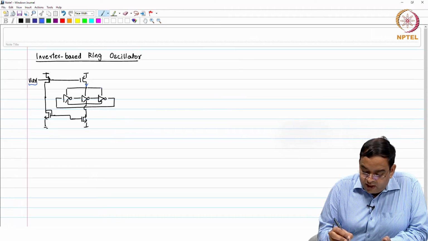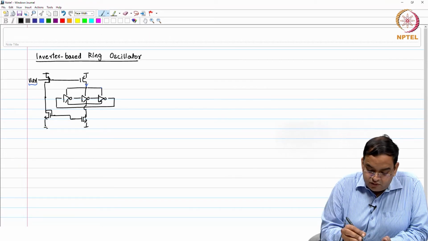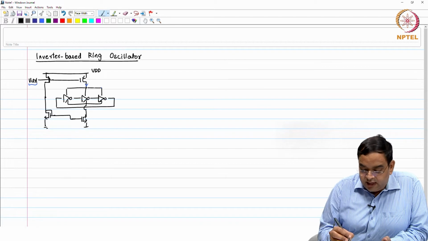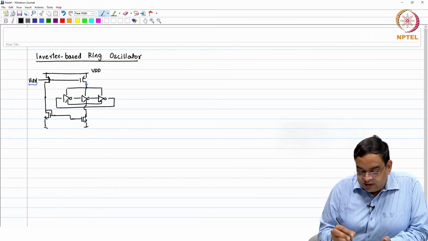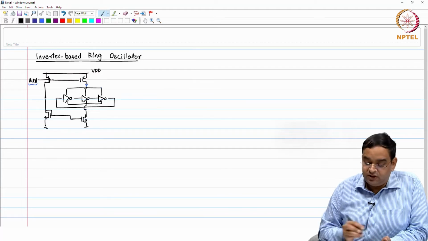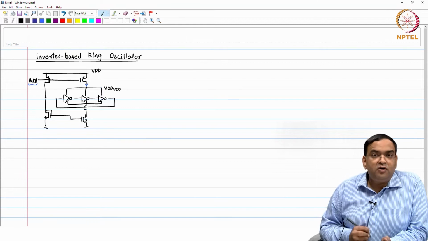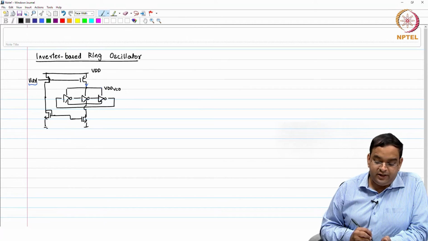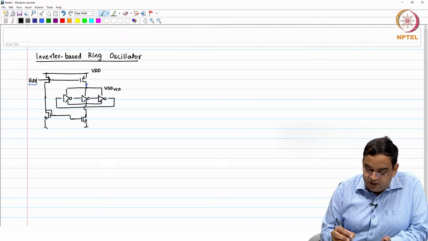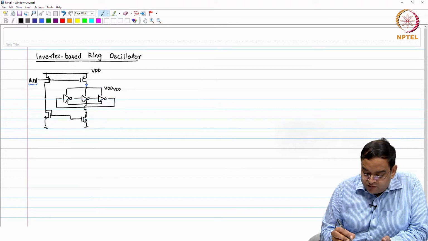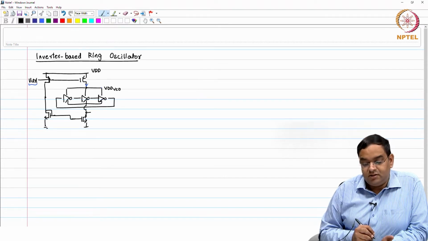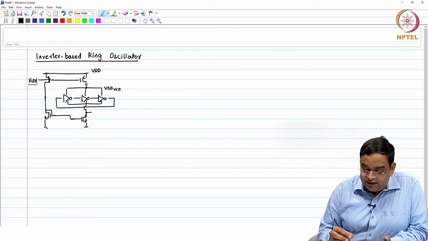I will mark the overall voltage as VDD, and the voltage which is at the source of the PMOS in the inverter is VDD VCO, VDD of the voltage controlled oscillator. Similarly, you have this lower voltage. This voltage is not ground; it is actually ground for the VCO.